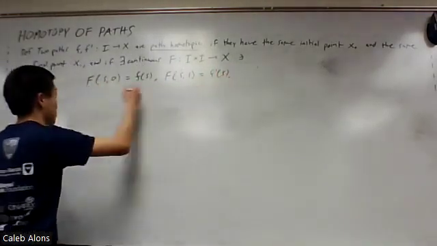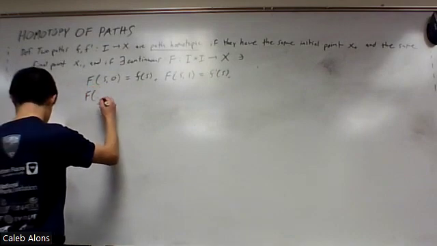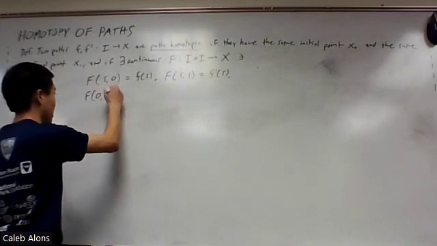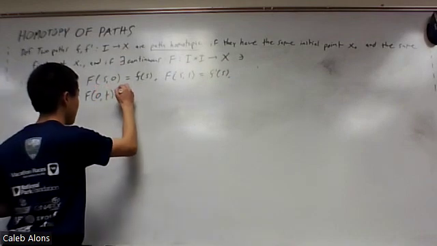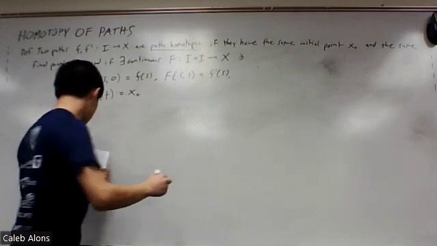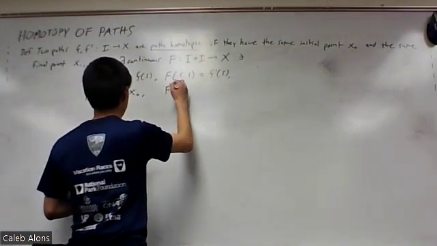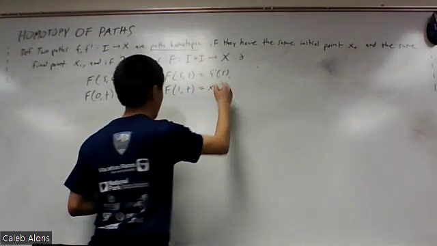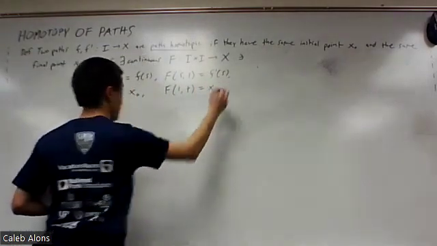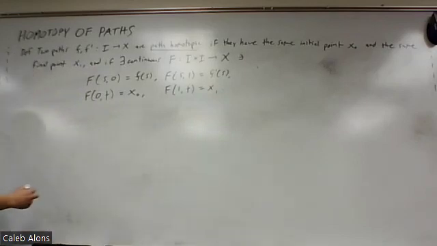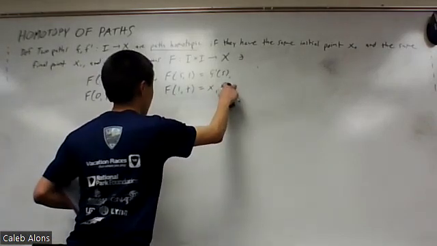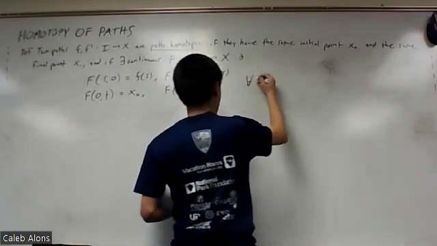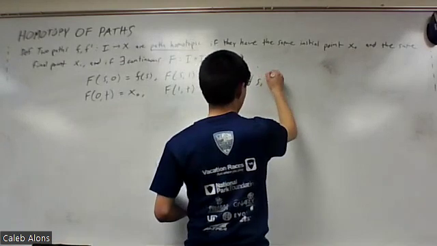And no matter where I'm at, if I start at 0, I should stay anchored at the initial point, and if I'm at 1, I should stay anchored at the final point. Those are our properties, and these need to be true for all s and t.